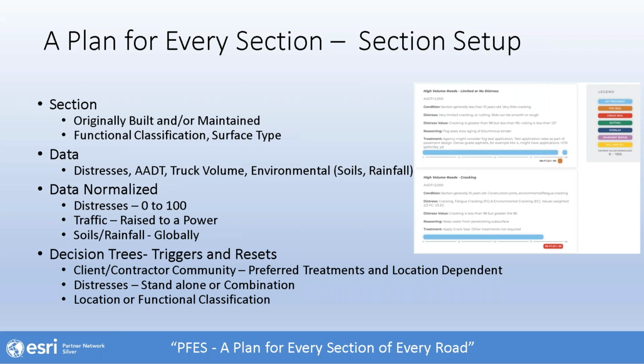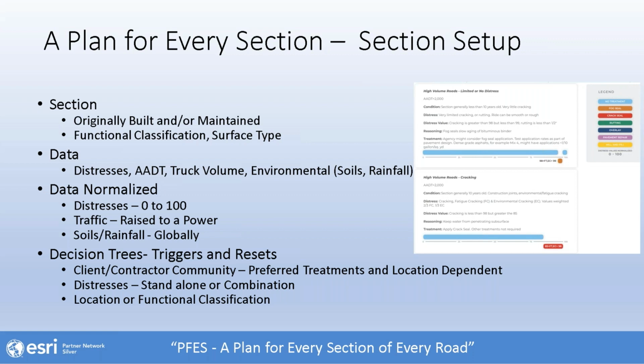And then more importantly, or just as importantly, is what is the value? What is the benefit of doing that treatment? And the reason why that is important, the model will take all the 1,000 sections that we have for an agency and rank them from 1 to 1,000, a benefit cost.